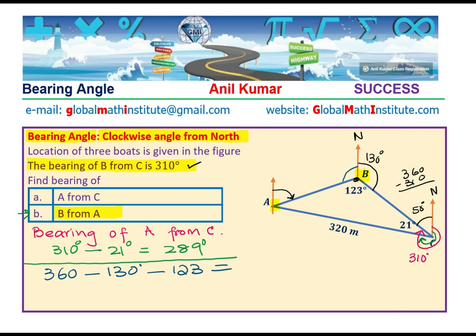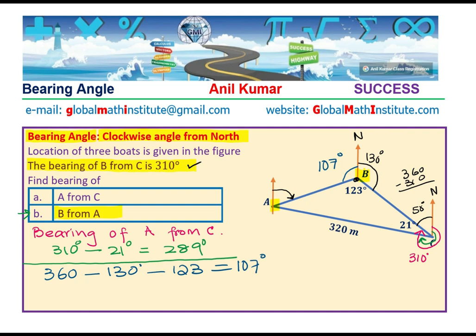And from there, take 123, and what you get is 107 degrees. So this angle here is 107 degrees. While solving the problem, I'm also teaching you how to find all the angles in such a situation, which could sometimes be a challenging problem itself.